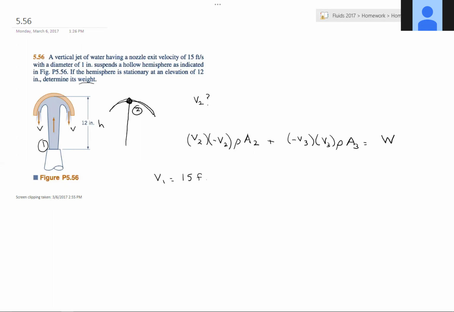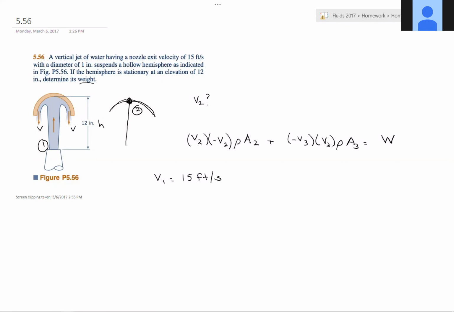feet per second. But one of the things, and it's similar to what we did whenever we talk about submerged surfaces and everything like that, what is it that we are looking for? We're looking for the hemisphere. So what do you think we're going to use that V1 for? That's part of it, absolutely, continuity.